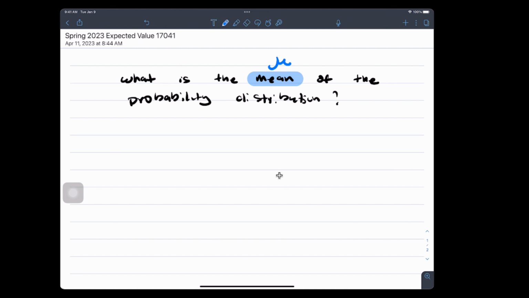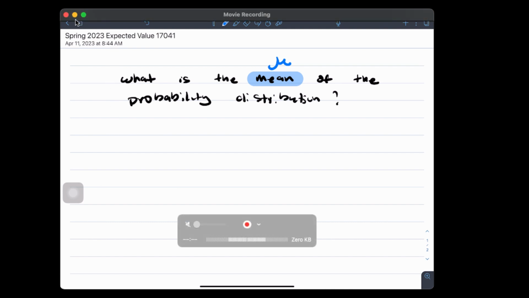And somewhere on my desktop, darn it, let me look for it. All these things I have to move out of the way. Oh my God, what is this? Where's my mu? There should be a way to go to my desktop. There we go. I got mu and I got sigma. So put this way over here.